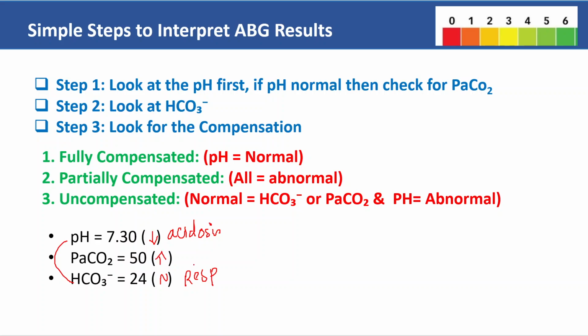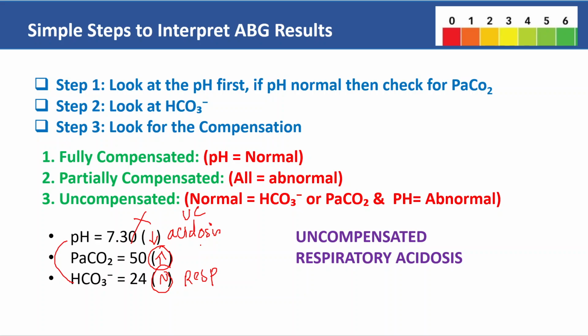Now one is normal and the other one is abnormal, but pH will be abnormal. So my criteria is fulfilled. It is going to be uncompensated respiratory acidosis. Uncompensated respiratory acidosis is the answer.